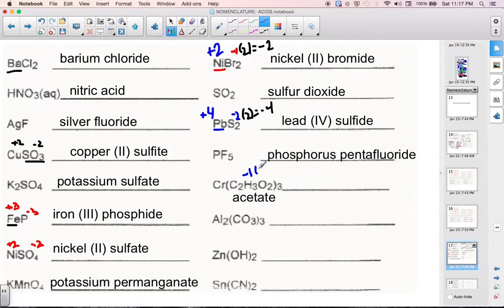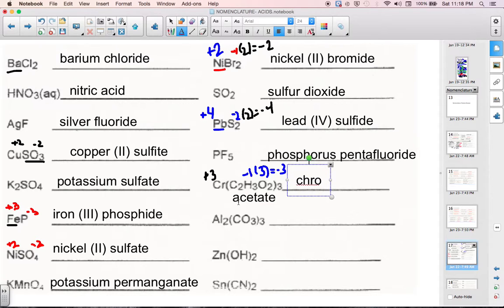There are 3 of them, so in total, I have a -3 charge. Because that side is -3, I know that the chromium has to be the +3 chromium charge or oxidation number. Okay, I am going to name this compound as chromium 3 acetate.